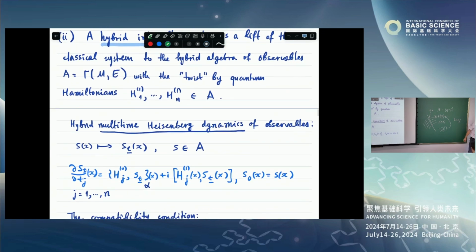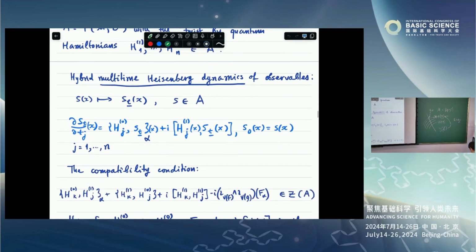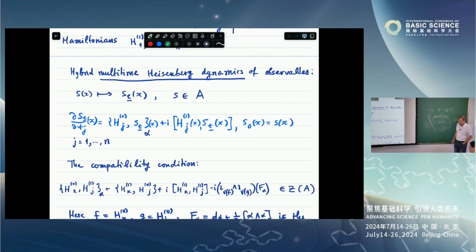So in other words, we define the multi-time Heisenberg dynamics of hybrid observables as solutions of this system of differential equations. So it's the multi-time hybrid evolution in the algebra of observables. So the first term is the lift of the classical dynamics to sections of E, and the second terms are quantum twistings. Of course, it's a system of linear differential equations, so there must be a compatibility condition.